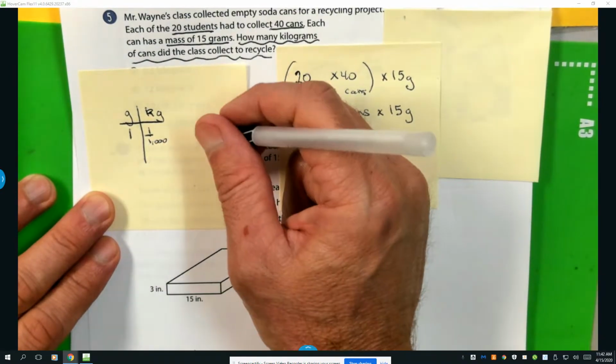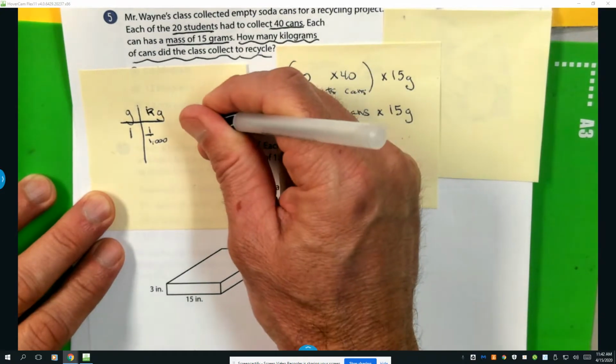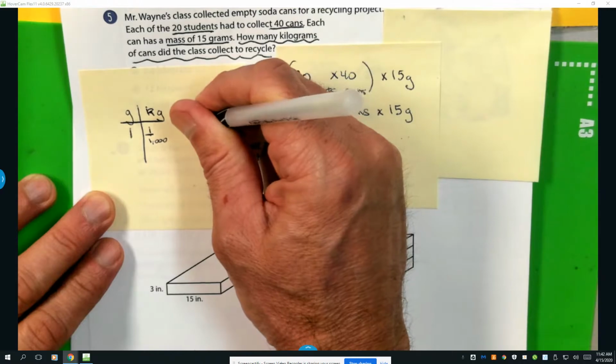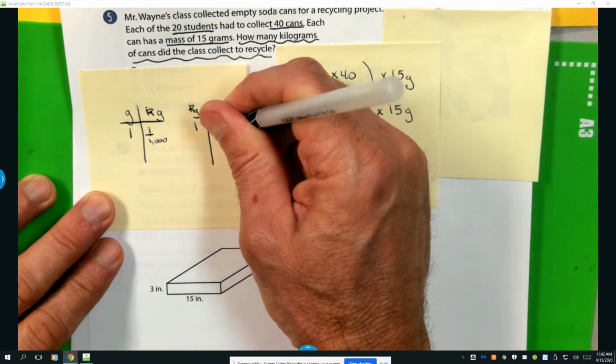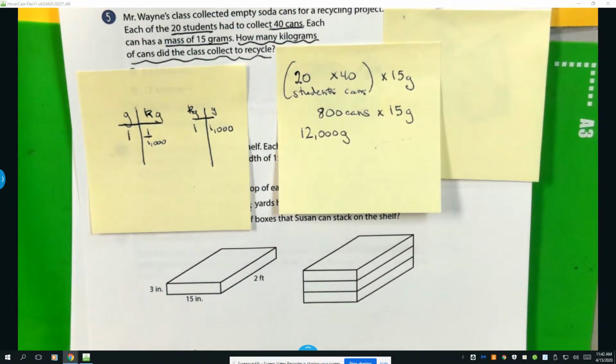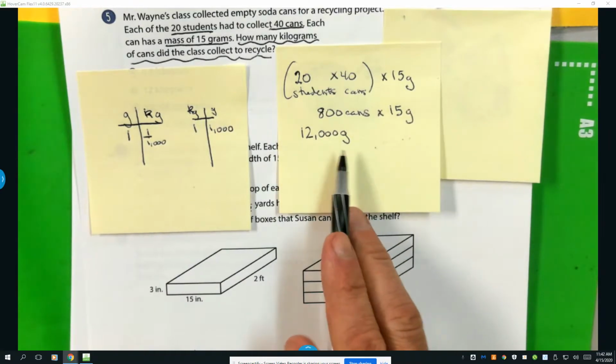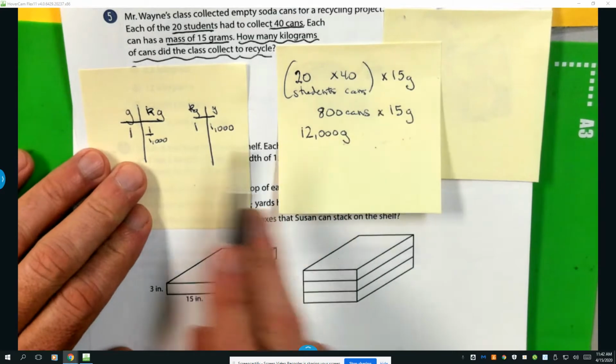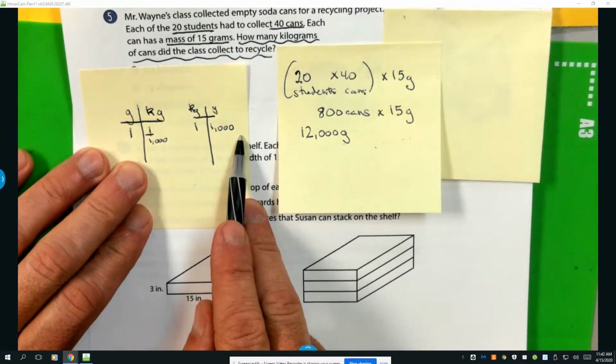Or you can look at it this way, 1 kilogram to grams, 1 kilogram is 1,000 grams. So if I have 12,000 grams, okay, I can go all the way over here.